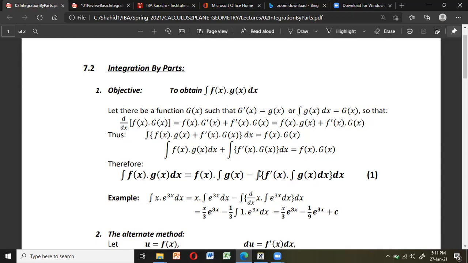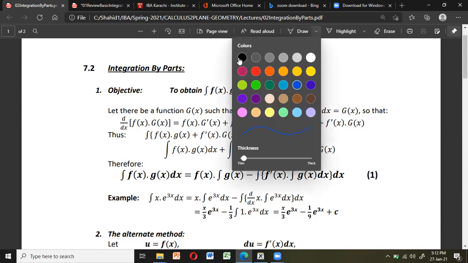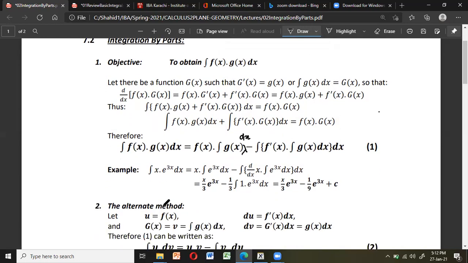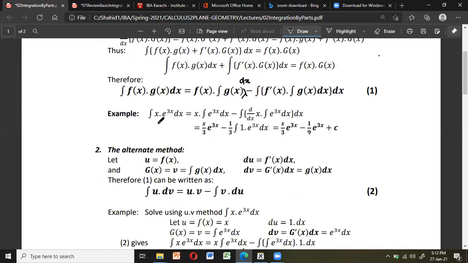So this is the way we develop this formula for integration by parts. Remember that there is some term missing here; it should be dx that I missed.